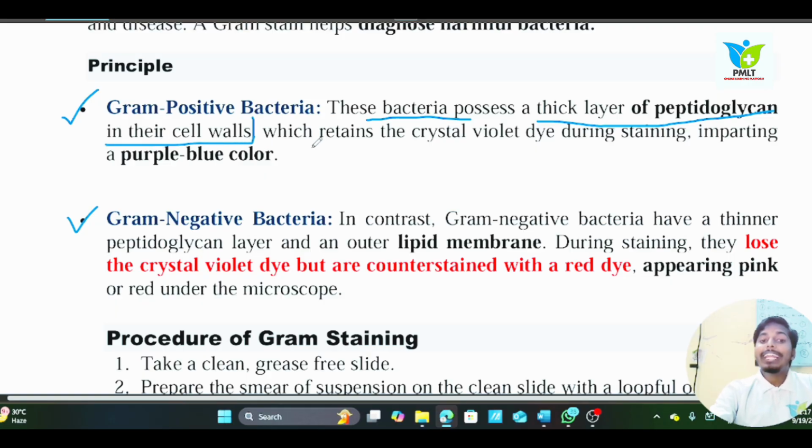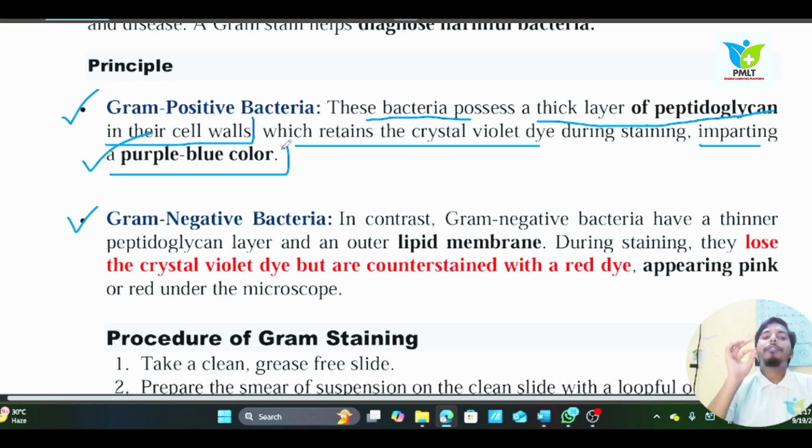So whenever we use the crystal violet at first during the staining, it persists in the bacteria, and the bacteria take the purple blue color. In the gram positive bacteria with thick peptidoglycan, the crystal violet colors the peptidoglycan layer, the cell wall, so it is purple or blue in color.